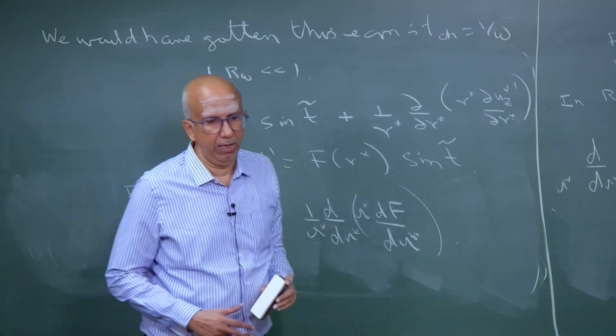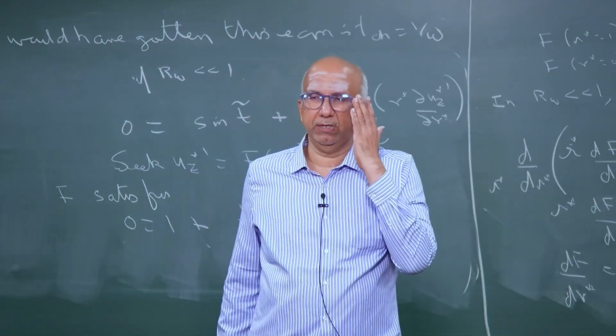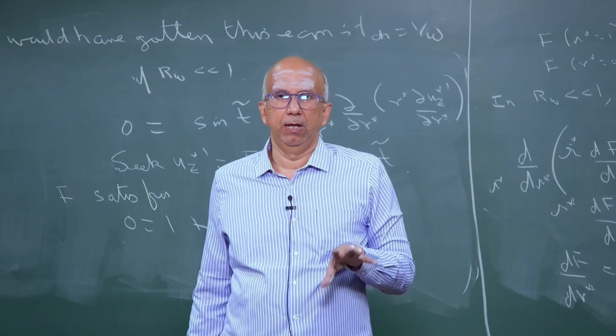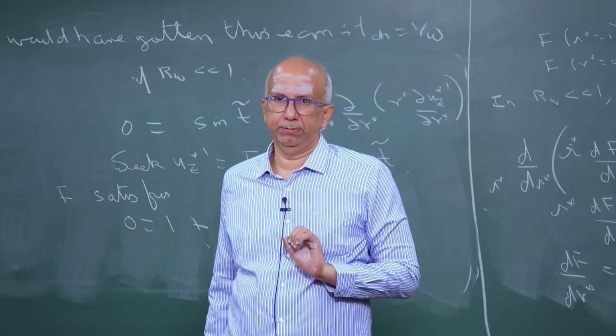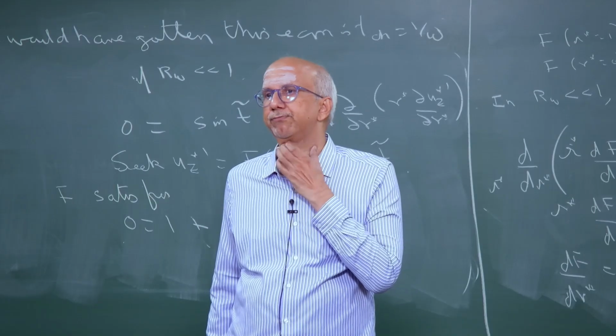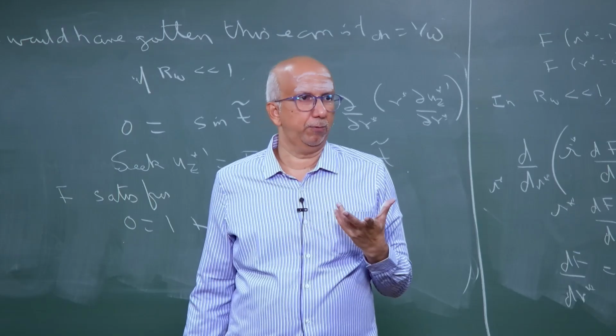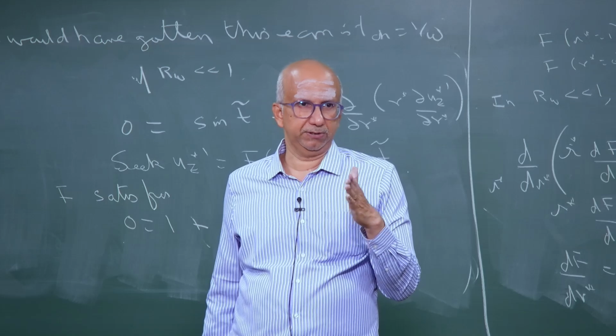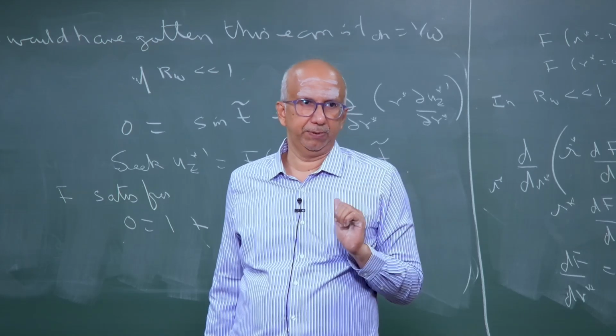So, this way we have found what is the modification in the parabolic velocity profile because of the imposed pressure drop, which is varying periodically in time. Okay. And the important point is that the velocity in the limit of r omega being very small is in phase with the delta p.